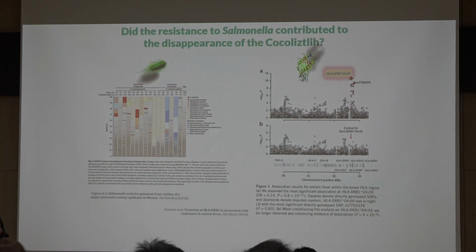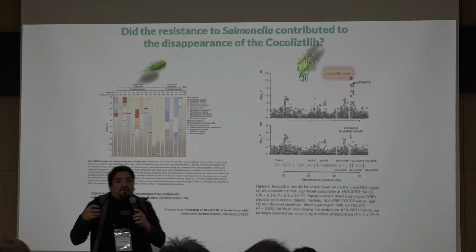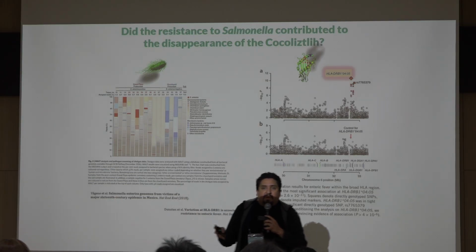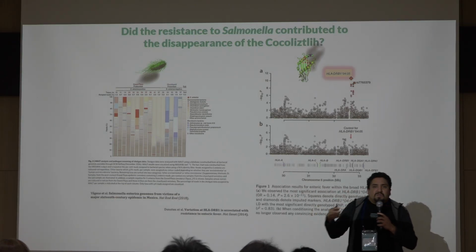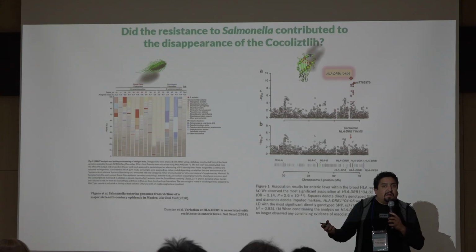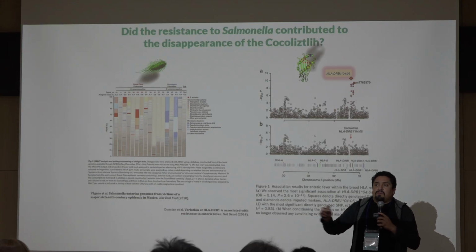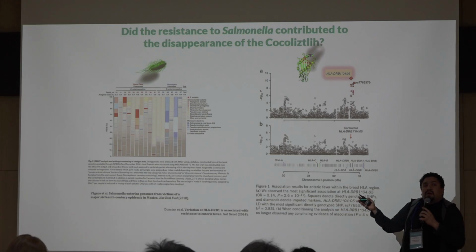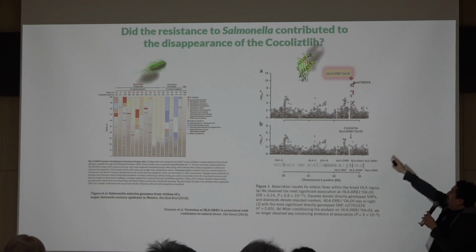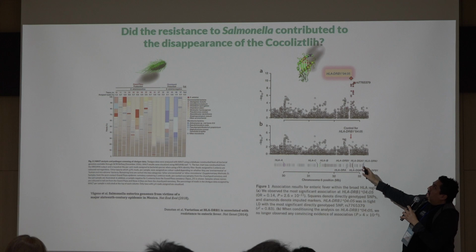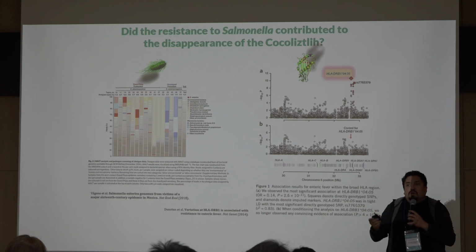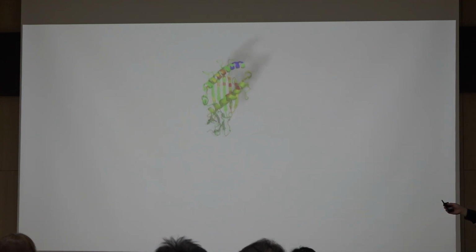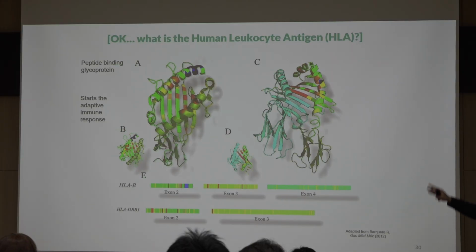What is more, if such a large epidemic event happened, we would expect the survivors to carry a signature in their genomes, something that made them survive. And we actually found that. There is one position in our genome, on chromosome 6, called HLA, which is a very nice molecule.